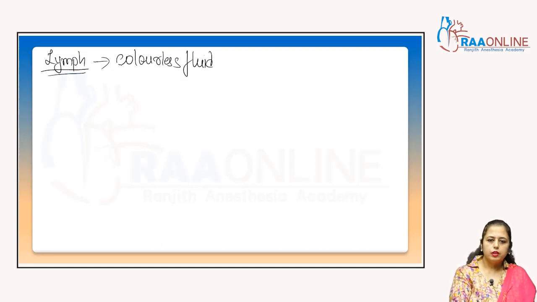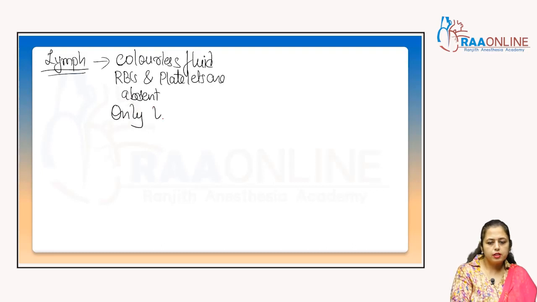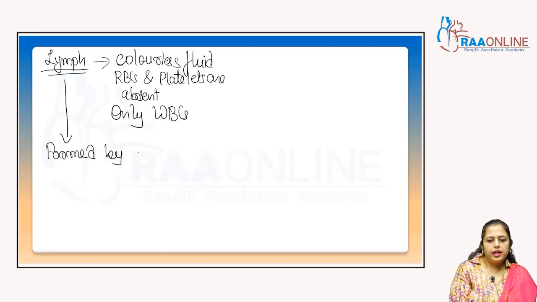RBCs and platelets are absent, only WBCs are present in the lymph, right? Lymph is formed by the filtration of blood, right? How?